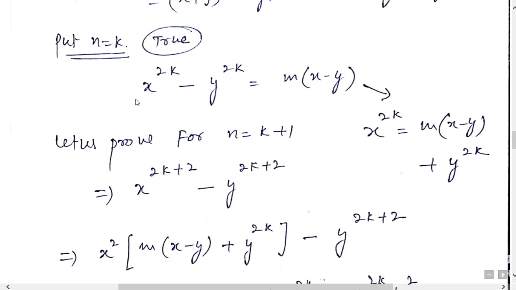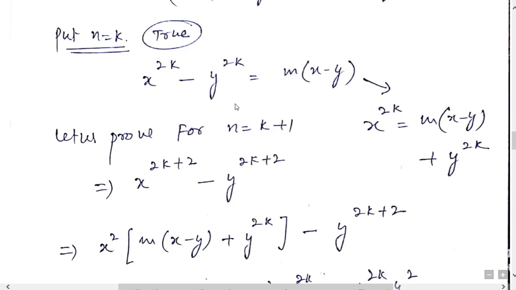Now try to find the value of x raised to power 2k. It means I can write m into x minus y plus y raised to power 2k. Clearly, find some value. You can find the value of y raised to power 2k or x raised to power 2k. There are two values, but in the previous question only one value was there.